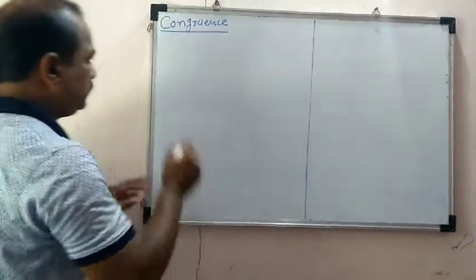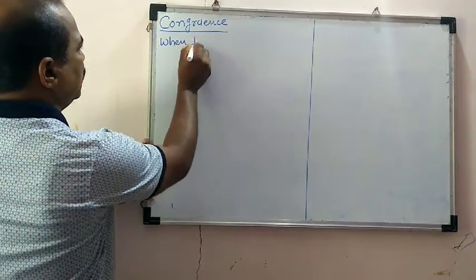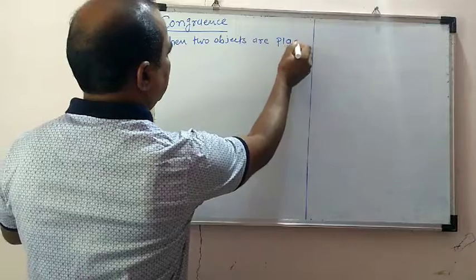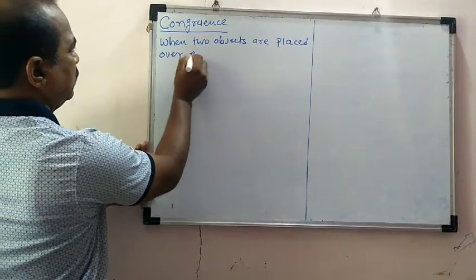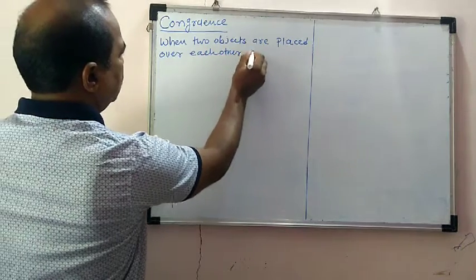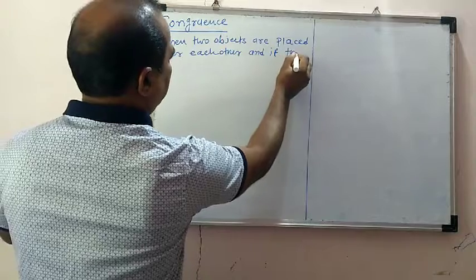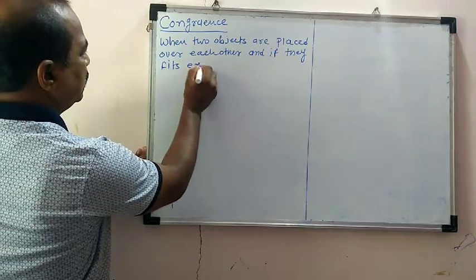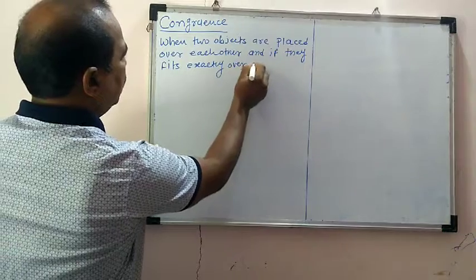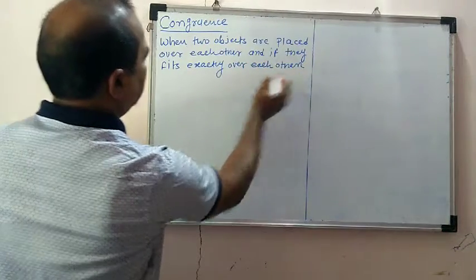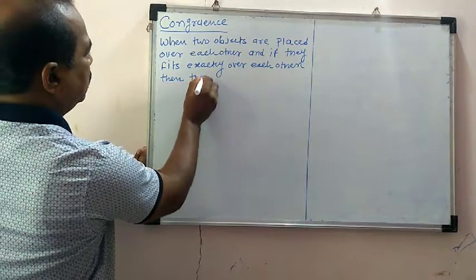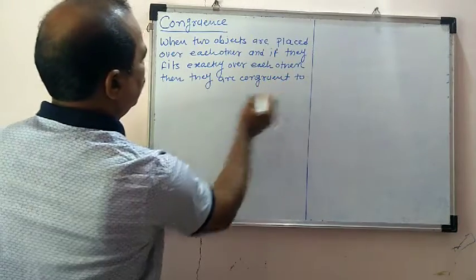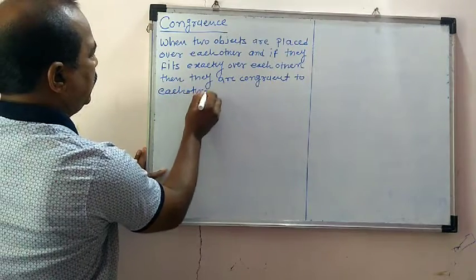Congruence means what? When two objects are placed over each other, and if they fit exactly over each other, then they are congruent to each other.